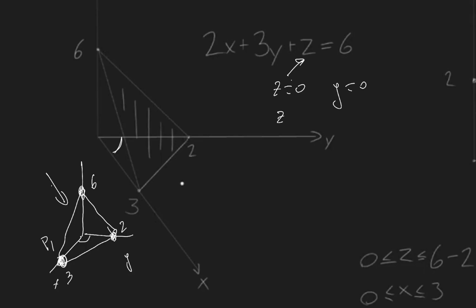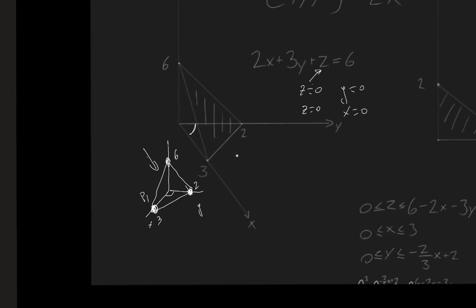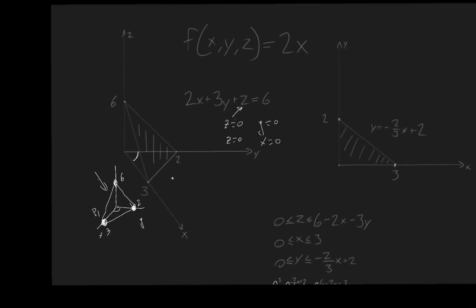That is when z equals 0 and x equals 0. You are at this point. Okay, so I will do this correction. It's a small correction indeed, but maybe you can consider making some changes.